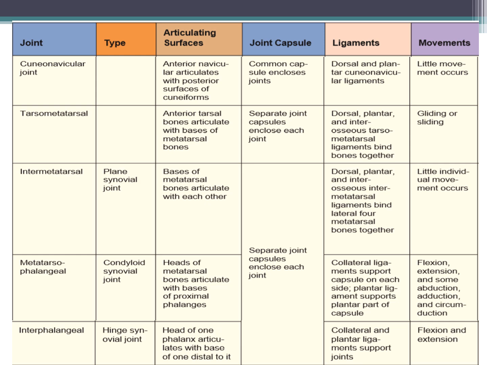Now one difference which you have to understand is that up till the tarsometatarsal joints, that is the joints of the midfoot and the hindfoot, okay, the ligaments involved were the dorsal and plantar ligaments.